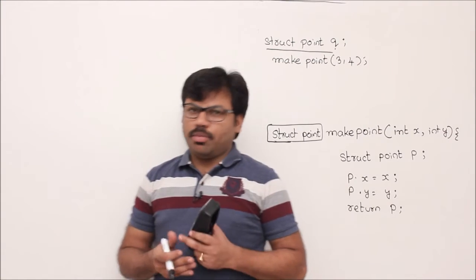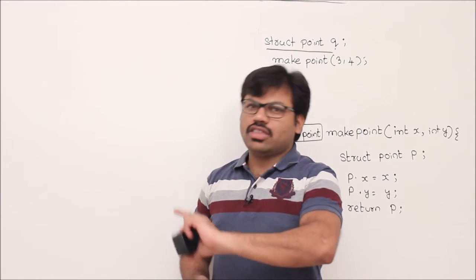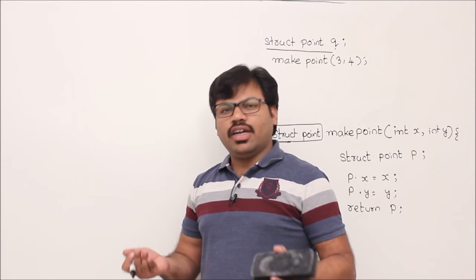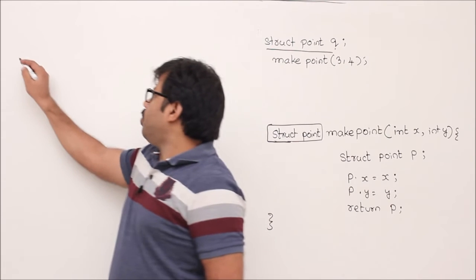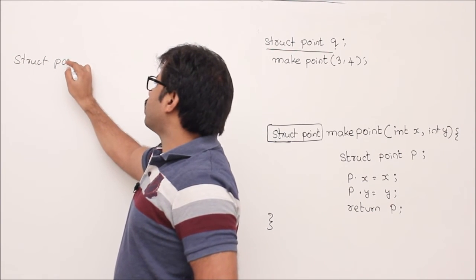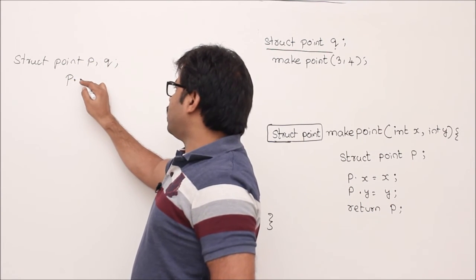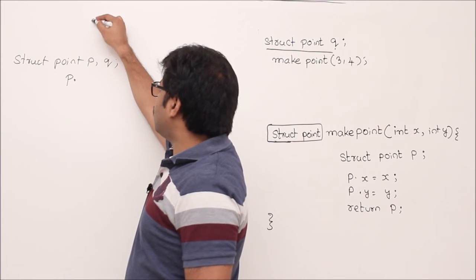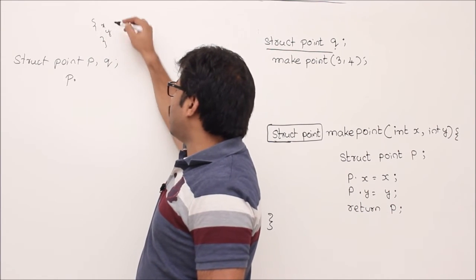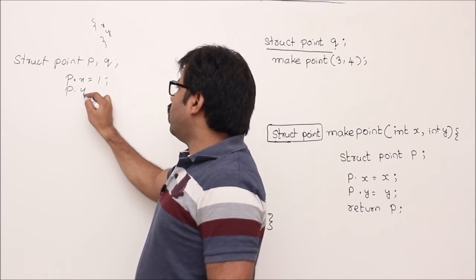One more important property of structures is assignment. That means we can assign one structure to another structure. If you do that, we'll see what happens. For example, you have struct point P, Q. We already know the structure point has two integer variables x, y. So P.x = 1, P.y = 2.